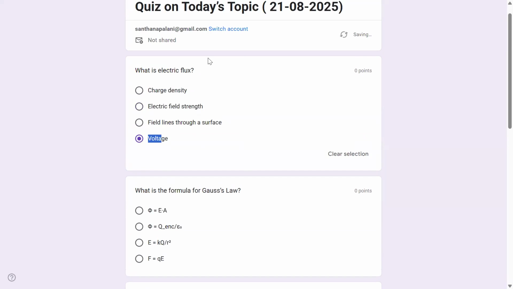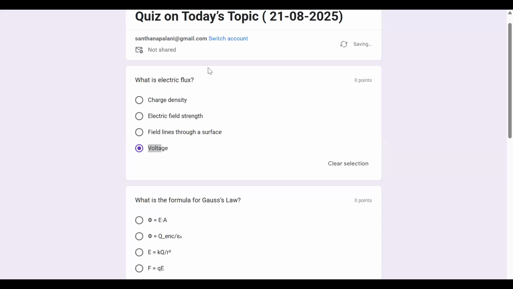Option B or C, which one is correct? So electric flux is a measurement of how the electric field lines pass through that surface. Yes, we can choose C.